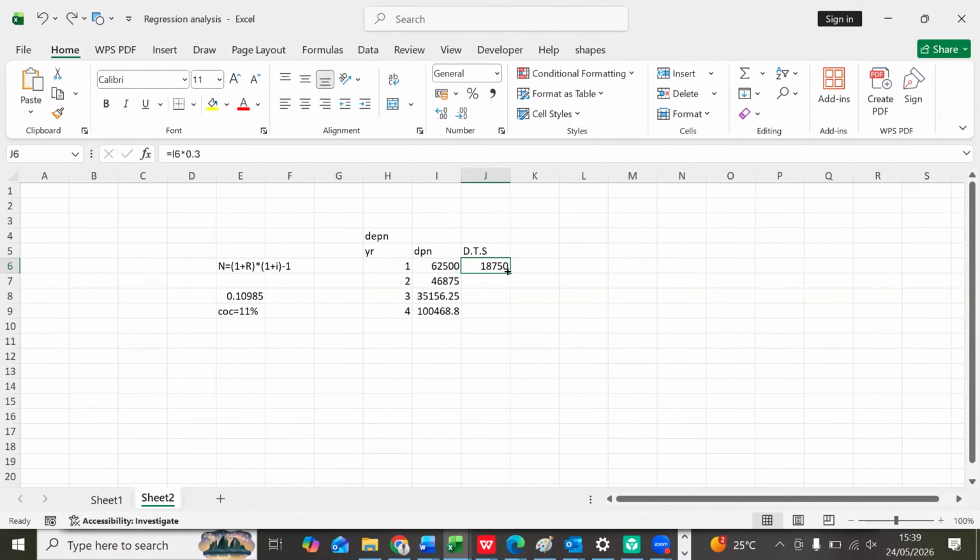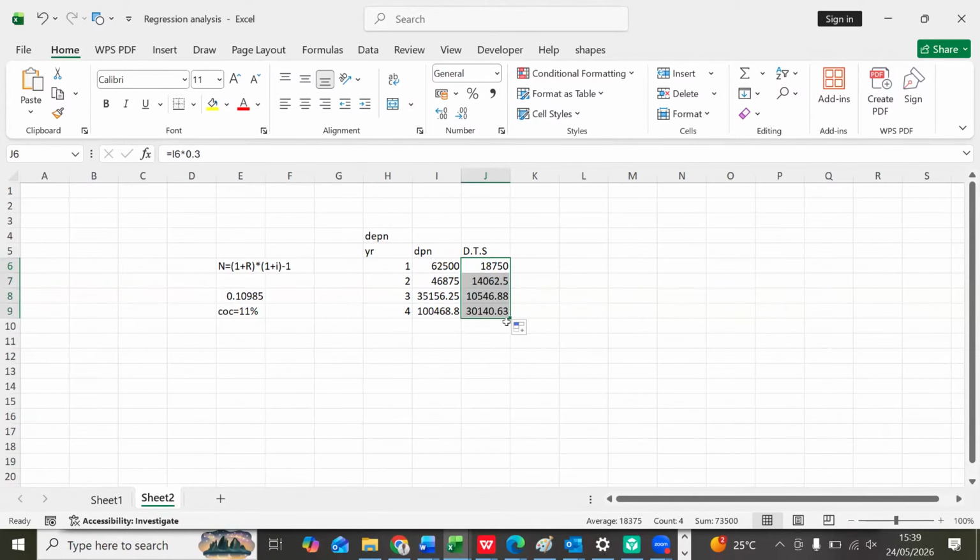Once you reach it and you want to autofill down, you double click and you'll be able to get these figures coming. The other option is, once you see this black plus, you scroll down like that. Then you'll be able to get those figures.